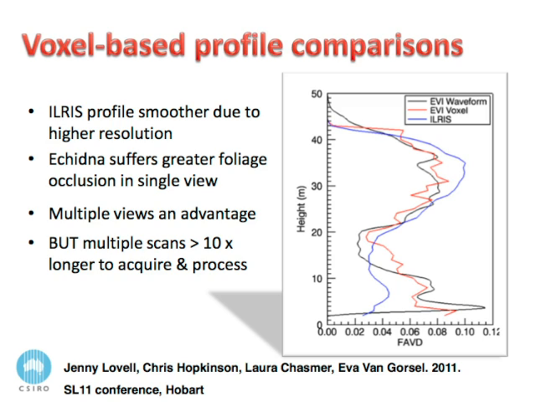When you look at the Echidna data, we see that the Echidna is predicting a high amount of biomass at the understory level, and we know from our own field observations that that's not the case. And so what we're seeing in the data here is that the multiple views from outside looking in actually capture better profile information. It provides a more accurate representation of that three-dimensional physical space.